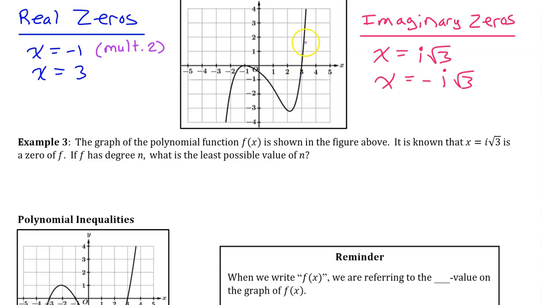The function passes through the 0 of 3, so that could be multiplicity 1. Okay, it could be any odd number, but let's go ahead and just put 1 because we want the least possible. So, adding all of this up, we have 4 different zeros, but one of them is multiplicity 2, so including that, that's 5 zeros. So the least possible value of n is 5.